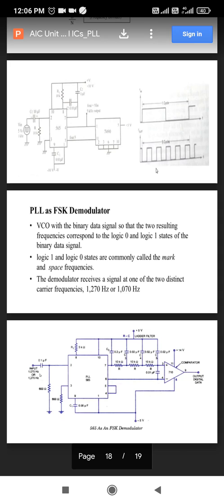Okay, so PLL as a FSK demodulator, that we can start. Before starting this point we have to understand what FSK modulation is. Anyone knows? Anyone can tell what is FSK modulation?